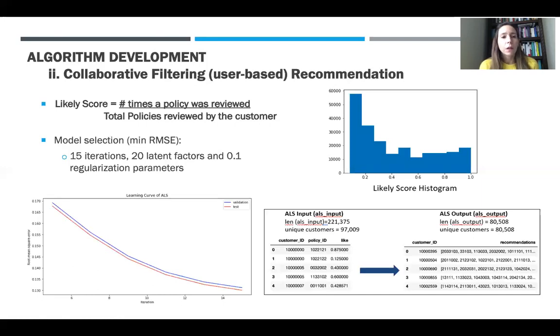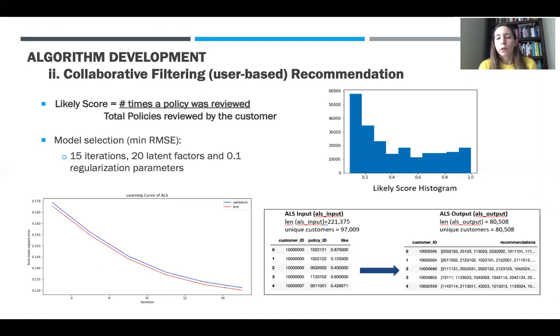For building the model, we tested a range of iterations from 5 to 15, and concluded that the model with 15 iterations was the one performing better, with the least mean squared error. So we used that model on the train data to get the output for the top 10 recommendations per customer.